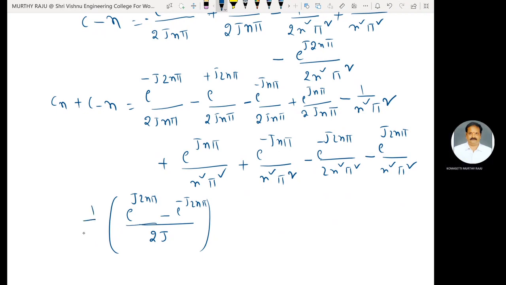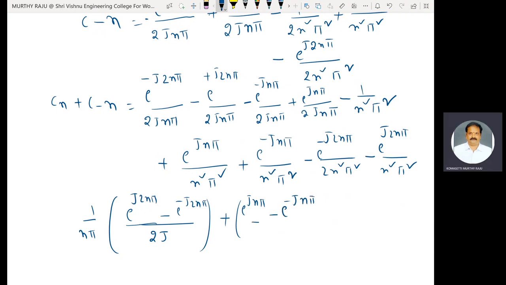One by n pi, here also plus e power j n pi minus e power minus j n pi by 2j, 1 by n pi.